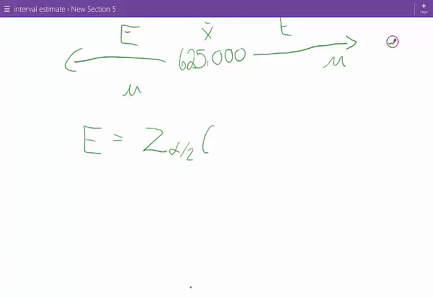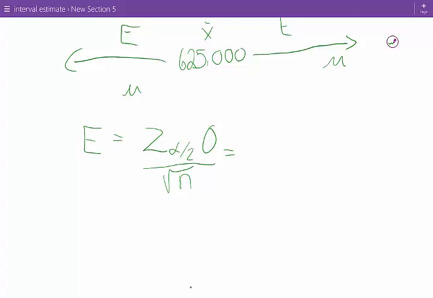We take that and multiply it by sigma, the standard deviation, and divide the whole mess by the square root of n. In this case, we don't have to worry about the population being normally distributed because n is 36. Remember from the central limit theorem, as long as our sample size is bigger than 30, we can assume the distribution of sample means is normally distributed.